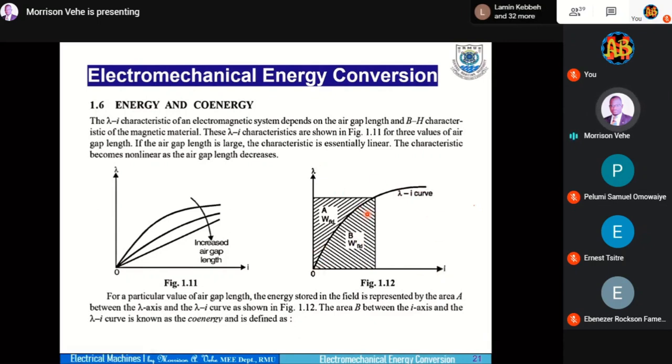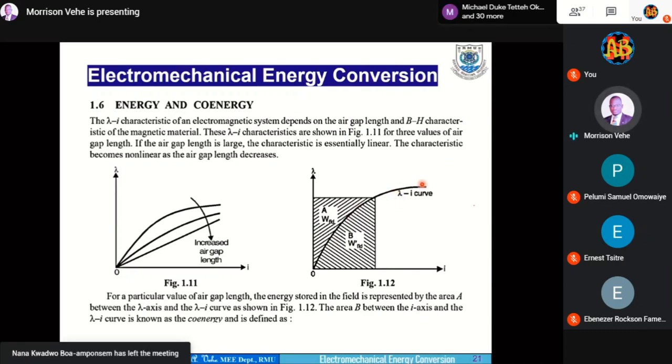Whatever curve is drawn is between lambda and i. You can pick values of lambda on the lambda axis and values of current on the current axis to make a point, continuously represented, and that's how we have a curve. That's why we call it the lambda-i curve.